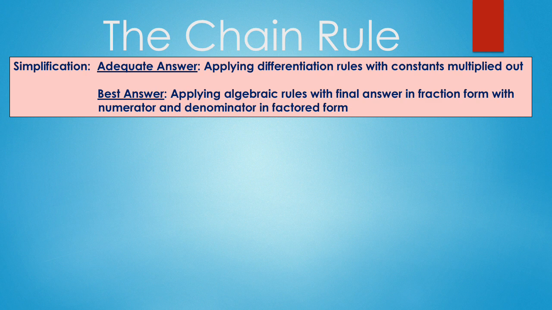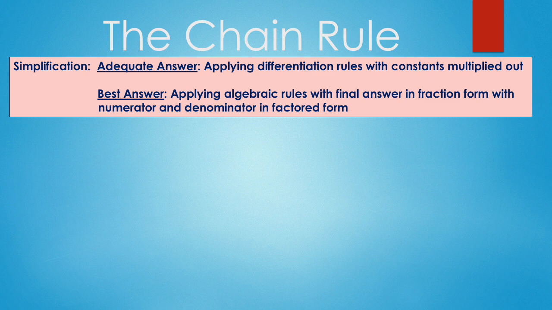However, the best answer is applying algebraic rules to get an answer in fractional form with both the numerator and denominator in factored form. When an answer is in the form where it is in a fraction and the numerator and denominator are factored, we will find later in the course that problems that use the derivative are much easier solved.